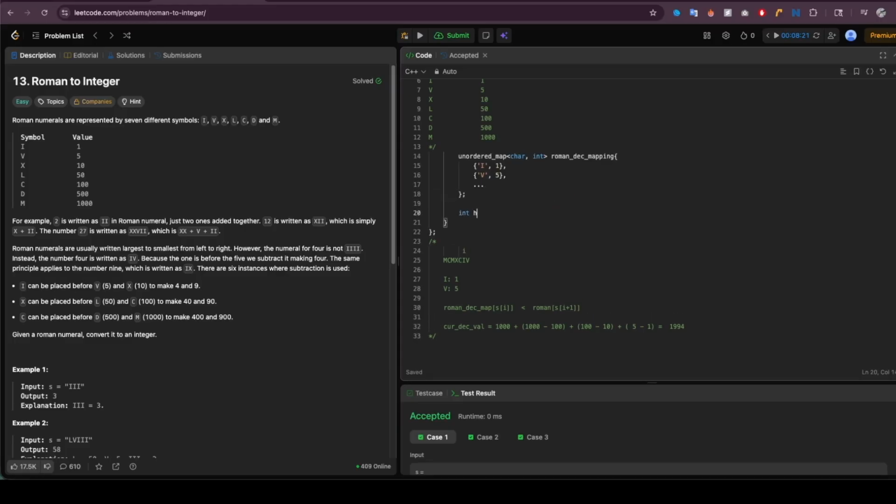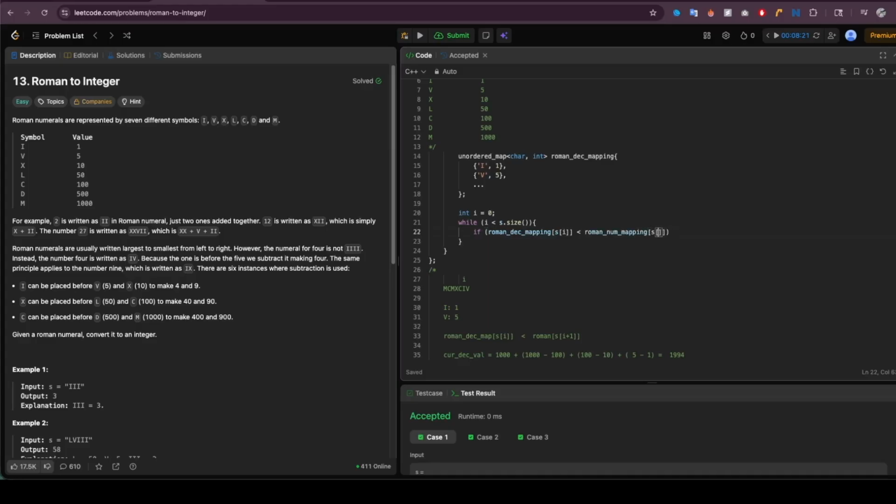First of all, we start from the first character and loop through all of the characters in our string. We consider if the Roman to decimal mapping of s[i] is less than that of the next following character, s[i plus 1].